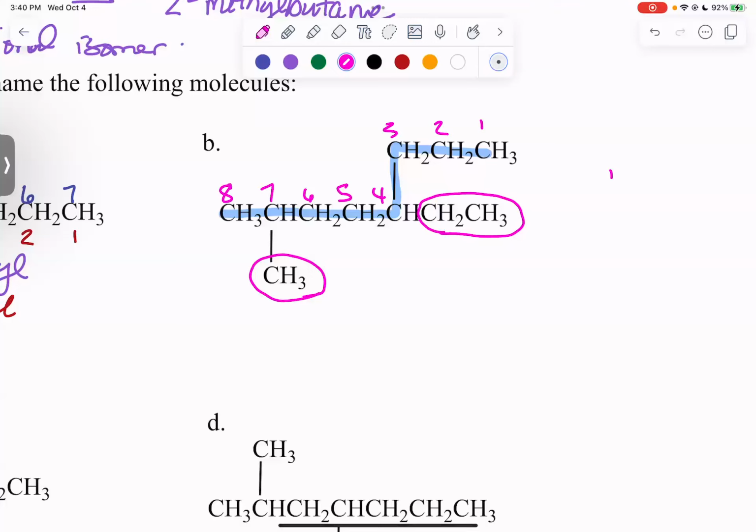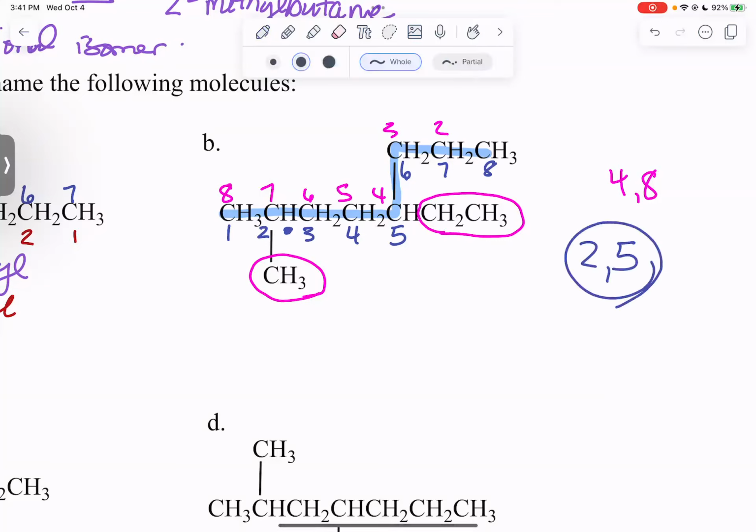I'd have 4 and 8. But if I came in from the other direction and went 1, 2, 3, 4, 5, 6, 7, 8, what would I have? I would have a 2 and a 5, and that's what I want.